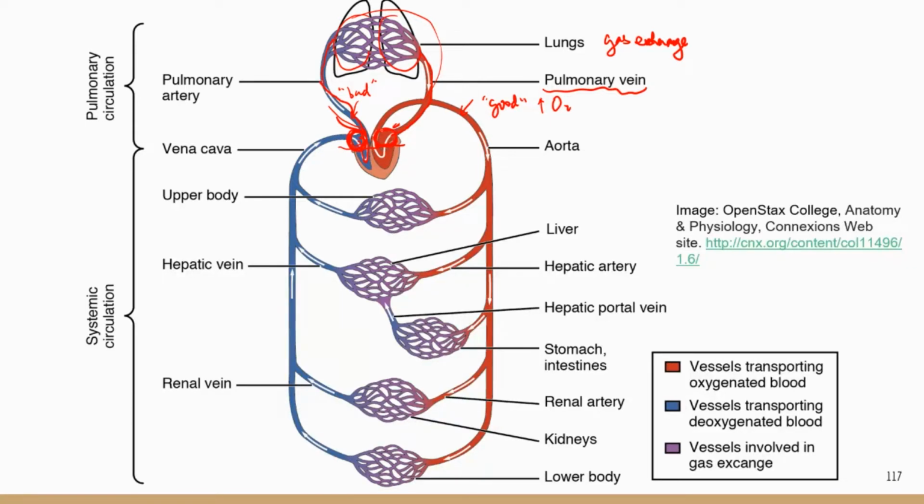Now remember, the left atrium has oxygenated blood, good blood. Good blood flows to the left ventricle right here. Now the left ventricle is the second pump, and it's a stronger pump. And that's because it pumps blood throughout the entire body, not just lungs, right? The lungs are very close to the heart, so it's not too hard to pump blood to the lungs.